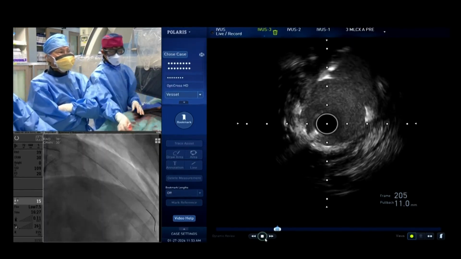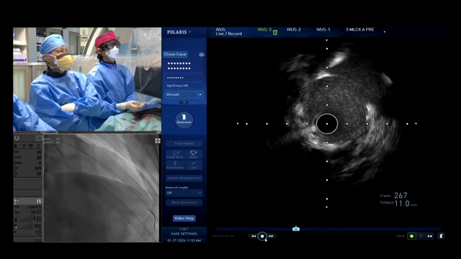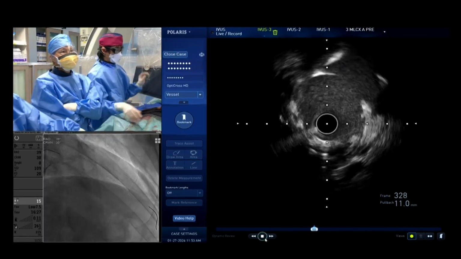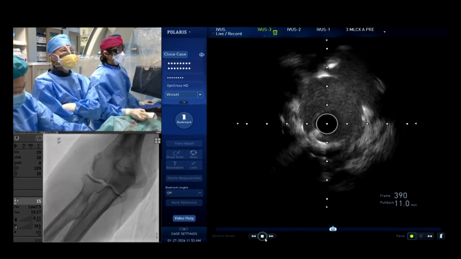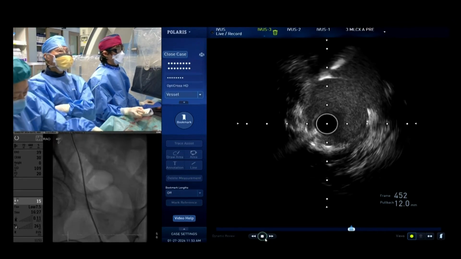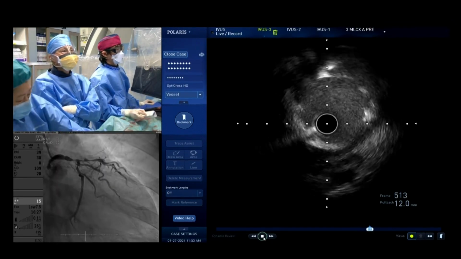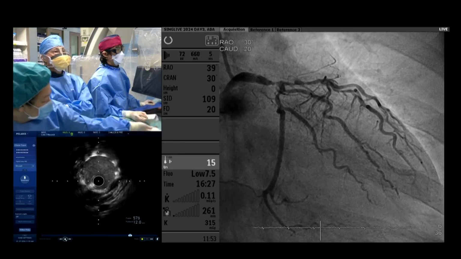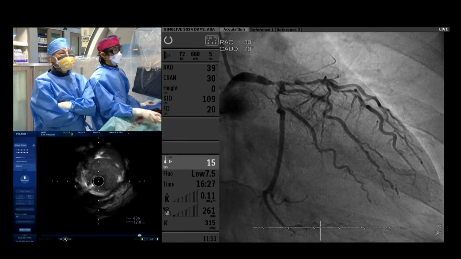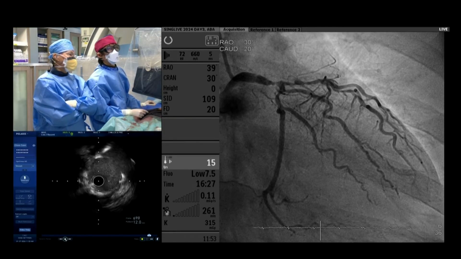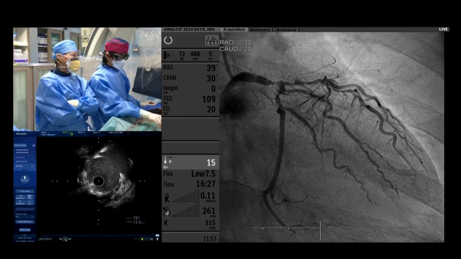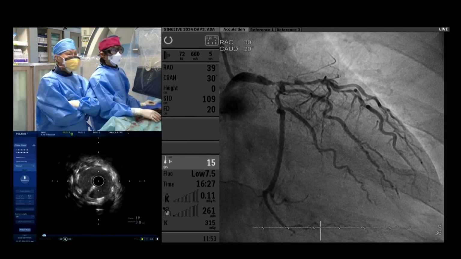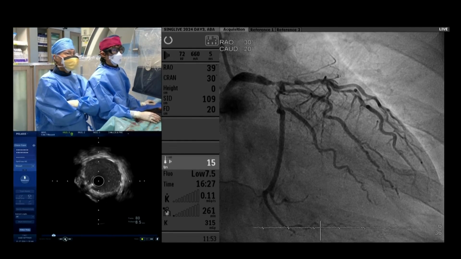It's the proximal or mid circ after the first OM that has some moderate disease. I saw it earlier, so we don't intend to dilate that one. So I think we are quite happy just to do this. Otherwise, we would DCB the proximal LAD, the in-stent restenosis.